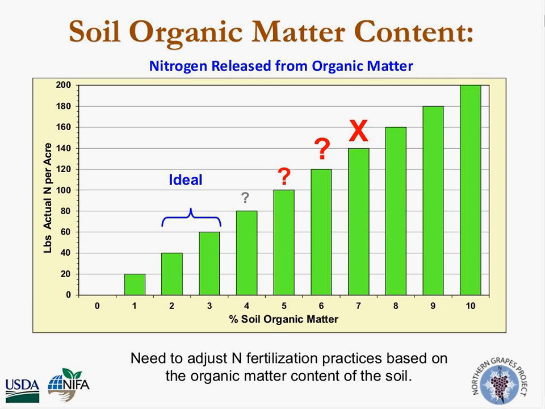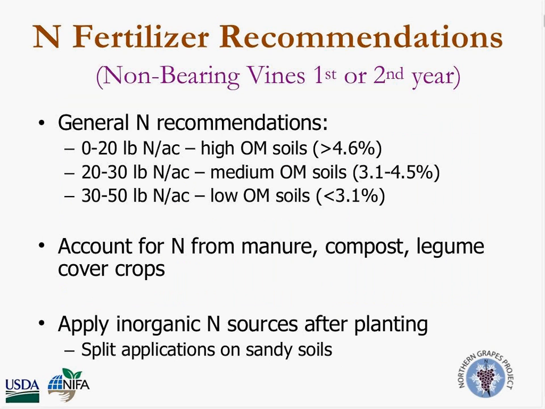And in general, for non-bearing vines, depending on your organic matter, if you're in a very high range of organic matter, you may not need to apply any nitrogen. If you're in the medium range, a small amount of nitrogen to get those vines going. And if you're in the low range, we do recommend some nitrogen just to get that vigor up. Account for any nitrogen that comes from manure.